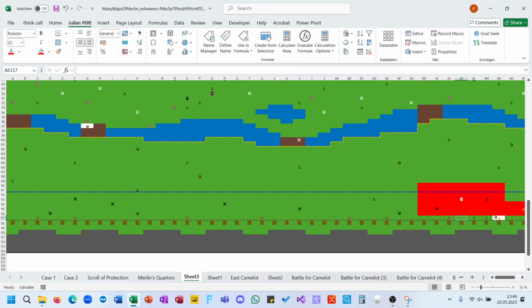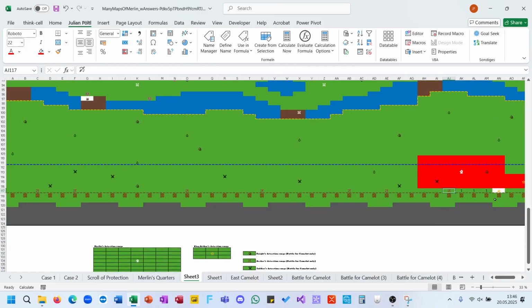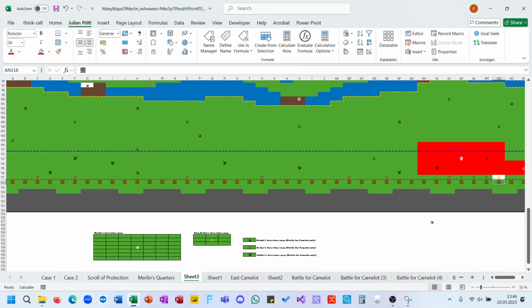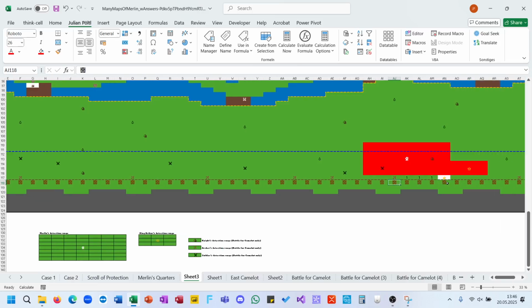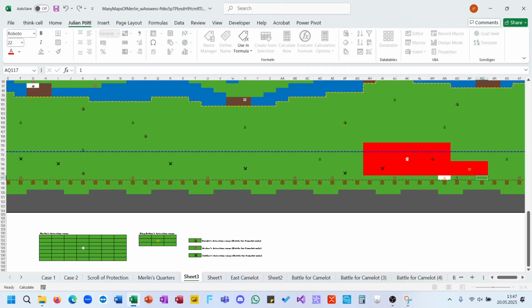1, 2, 3. Oh no. Other direction, because he is an archer, and there's the wall. 1, 2, 3, 4, 5, 6, 7, 8, 9, 10, 11.